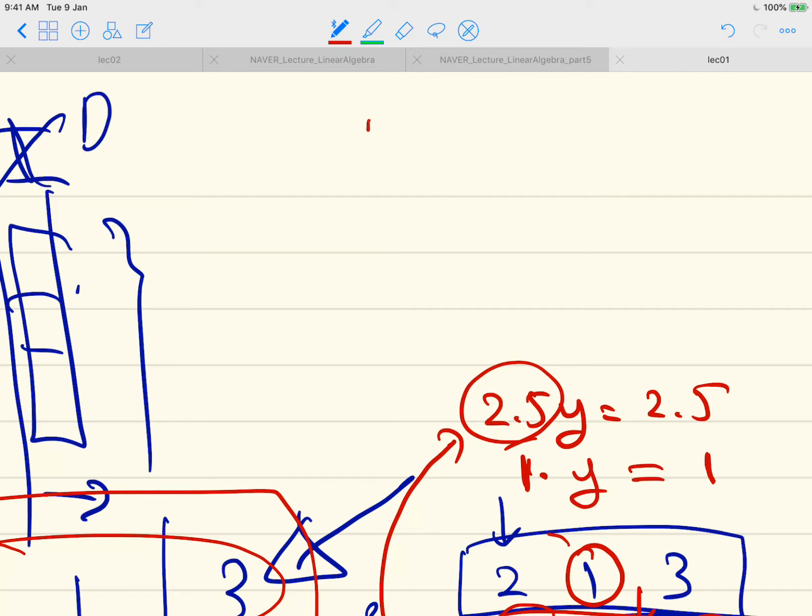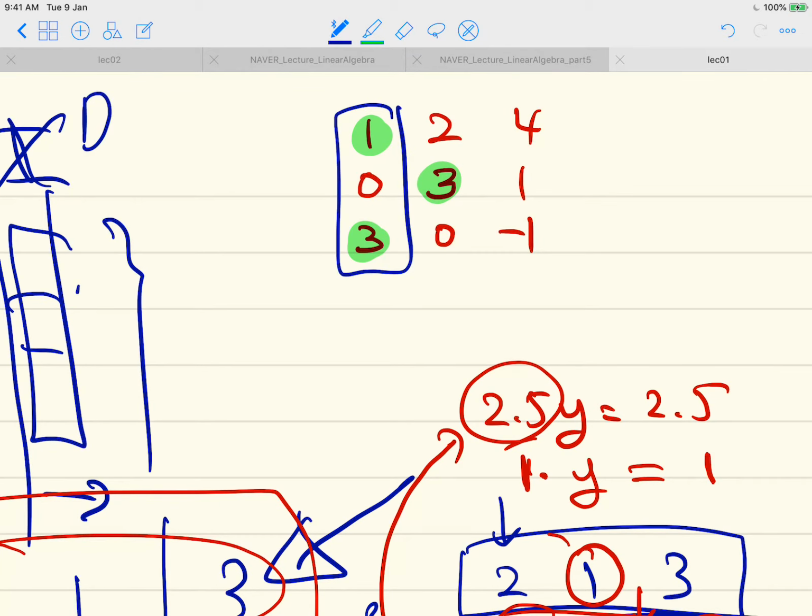So for example, 1, 2, 4. In this case, what are the leading entries? The leading entries are these, right? And so the first column certainly has 2 leading entries, right? So that's certainly possible for general matrices, right?